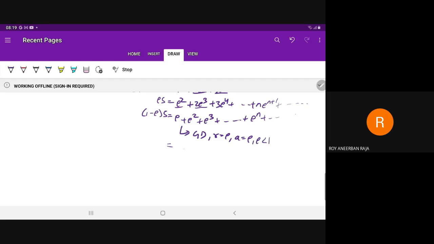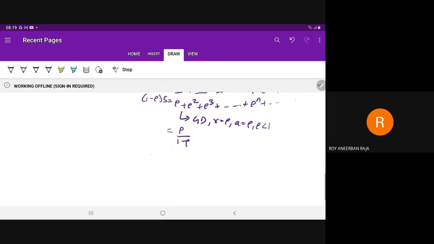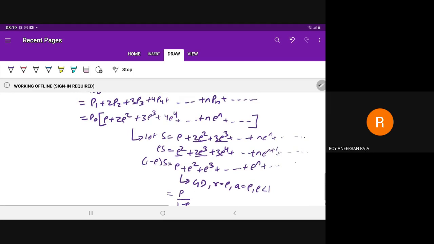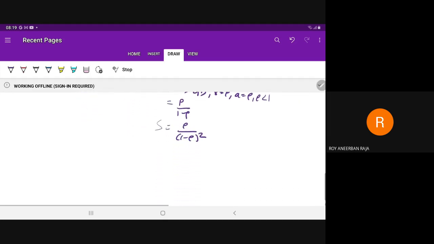So the sum will be a upon 1 minus r. Yes, correct. So it will be rho upon 1 minus rho. So here S will become rho upon 1 minus rho whole square. When we put this S here, it will be P naught and rho upon 1 minus rho whole square.